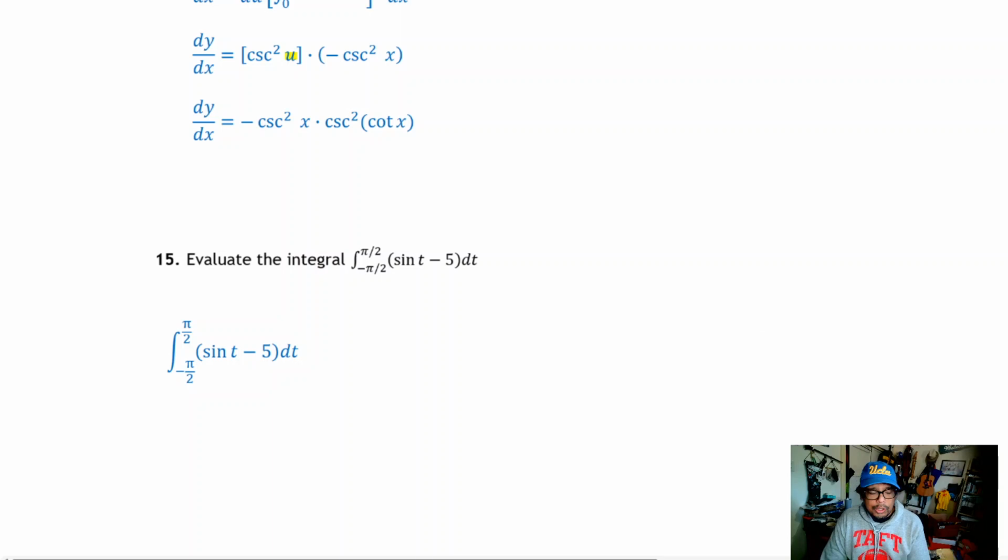All we really need to do here is, since we have a subtraction, take the antiderivative of each one of those terms and then substitute. So the antiderivative of sine is negative cosine. And then the antiderivative of 5 is 5t.